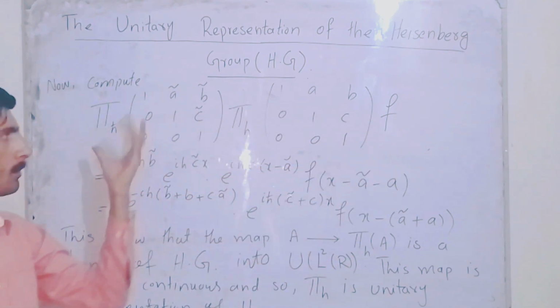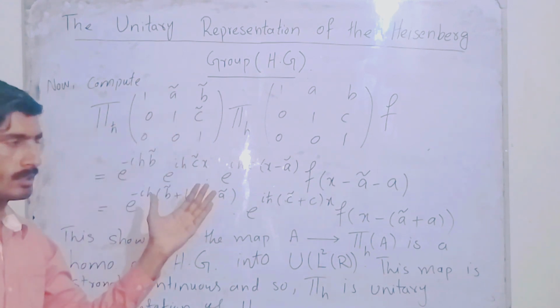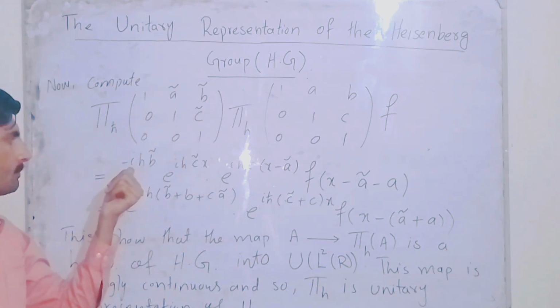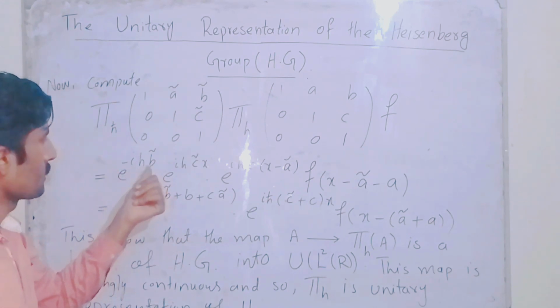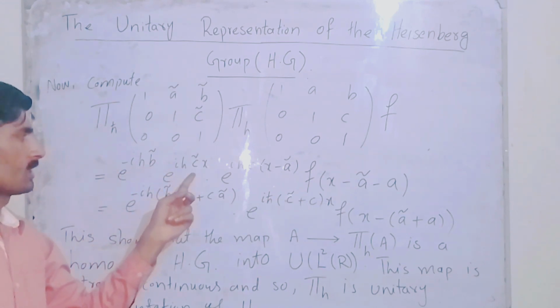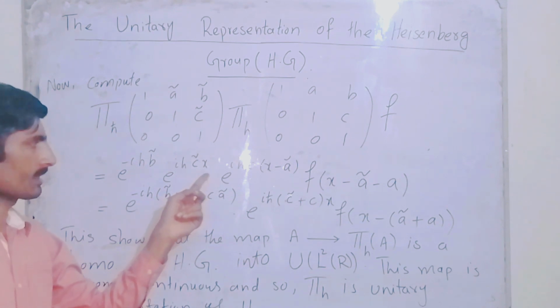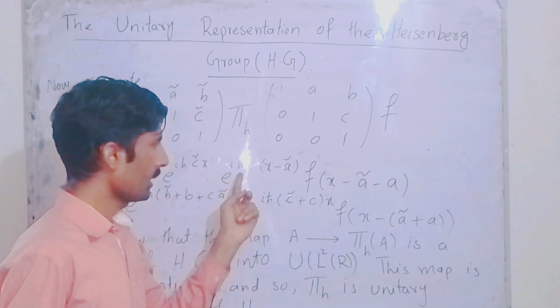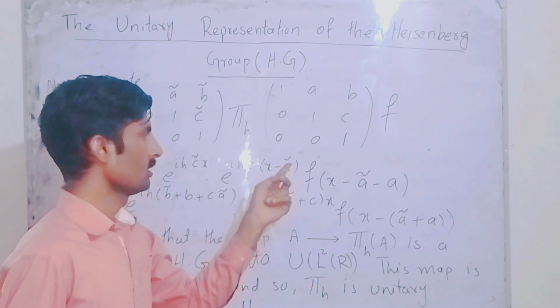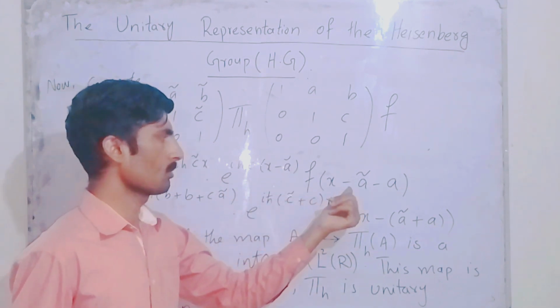When we apply this map, we get e to the power minus i h b tilde, e to the power i h c tilde x, and f of x minus a tilde.